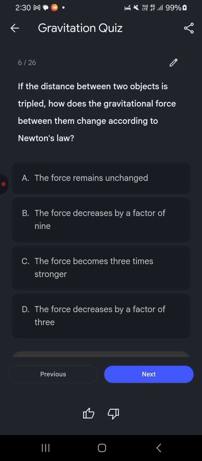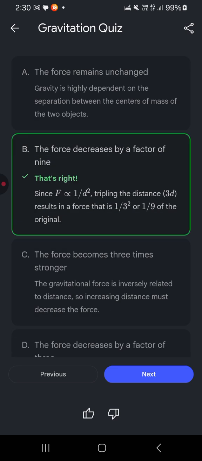The correct answer will be the force decreases by a factor of 9. Since gravitational force is inversely proportional to d square, that is 1 upon d square, tripling the distance results in a force that is 1 upon 9 of the original.